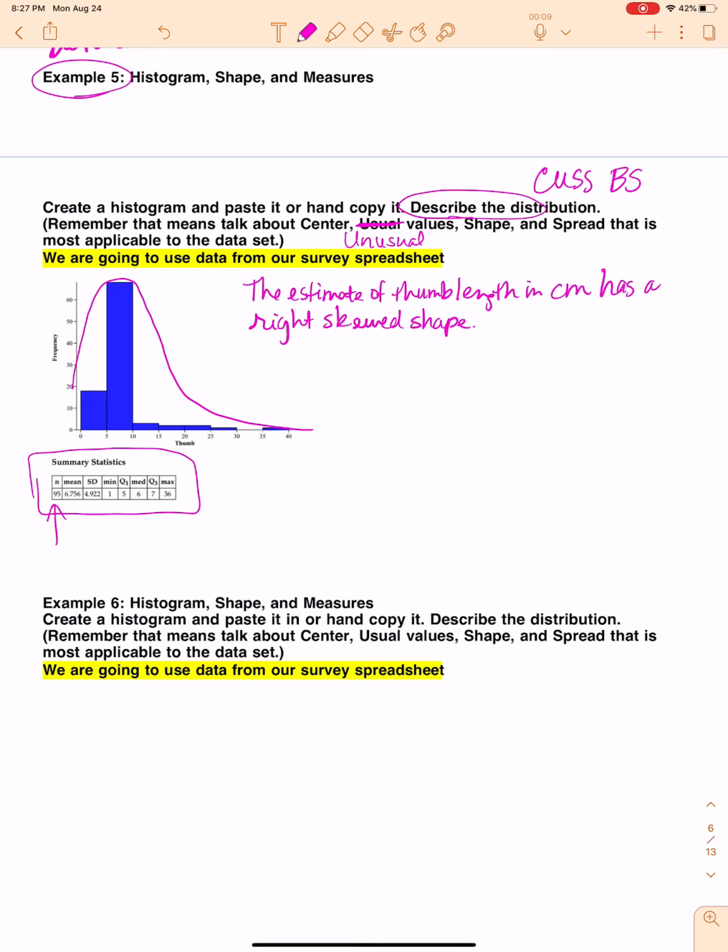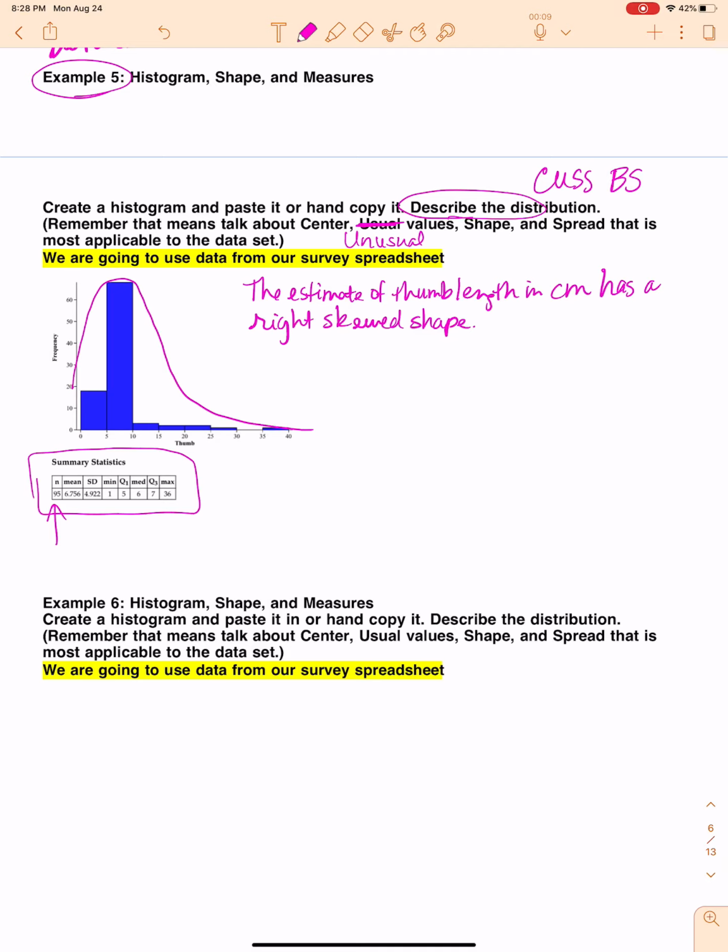Could you have said it a million different ways? Yes, you could have said the shape of the distribution of thumb length is approximately right skewed. As you can see from our graph, thumb approximation is right skewed. There's all different kinds of ways you can say that.